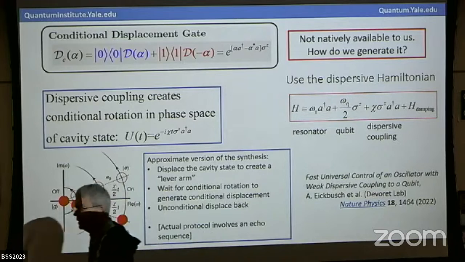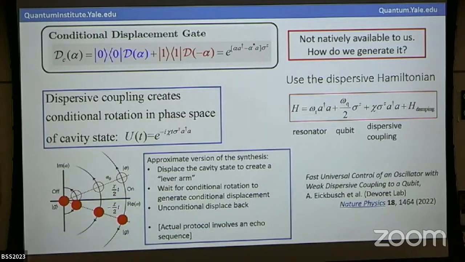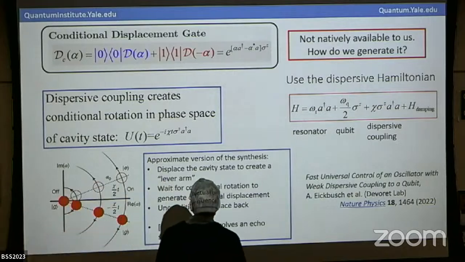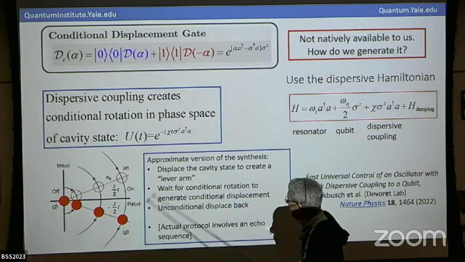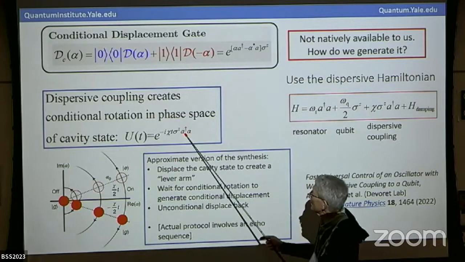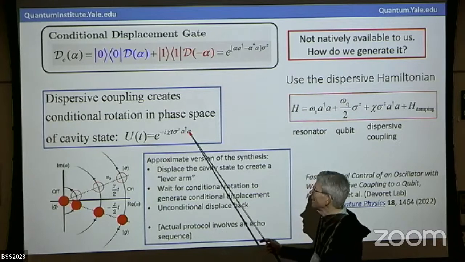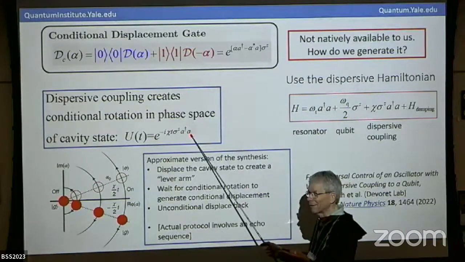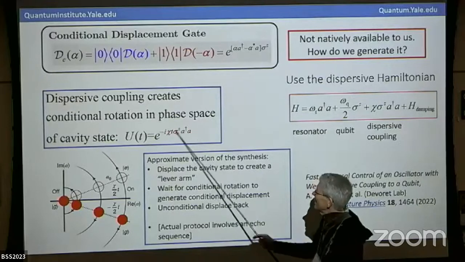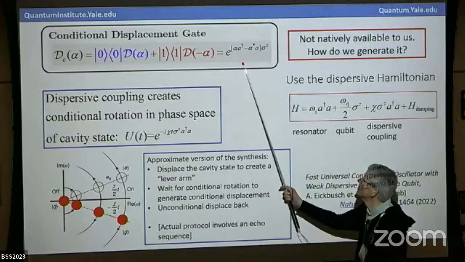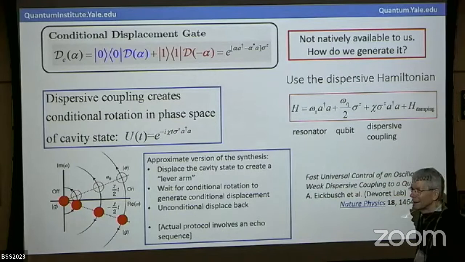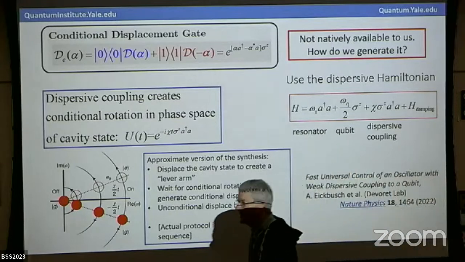One of the A's, I should think, was replaced by alpha. Yeah, so if you take this operator and make a frame displacement, so A goes to A plus alpha, then you can see where it's starting to do that. Yes, exactly.